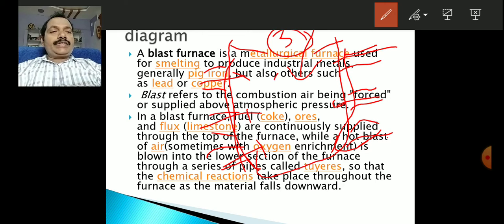So these three items are completely boiled in this. At the bottom, two liquids are developed because of these chemical reactions as these three items are coming down.